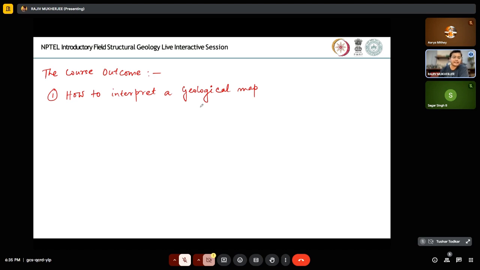So understanding the geological map of a region is what you learn from a field geology course.